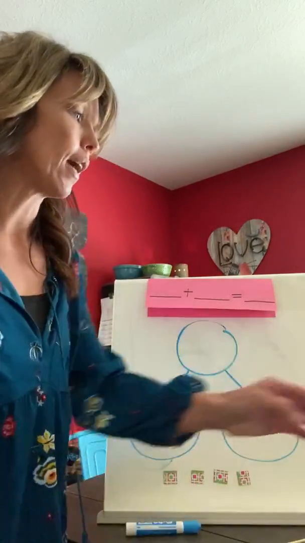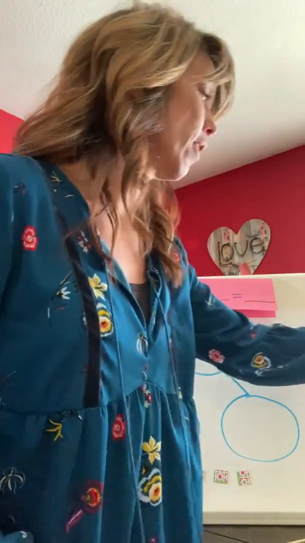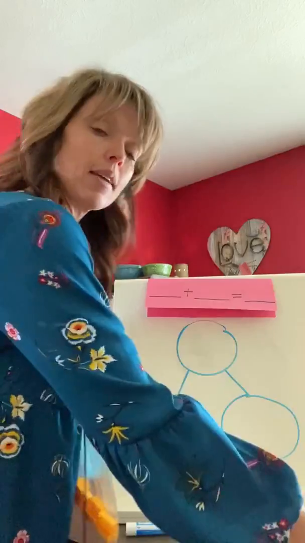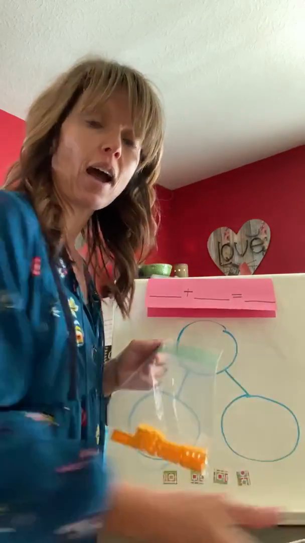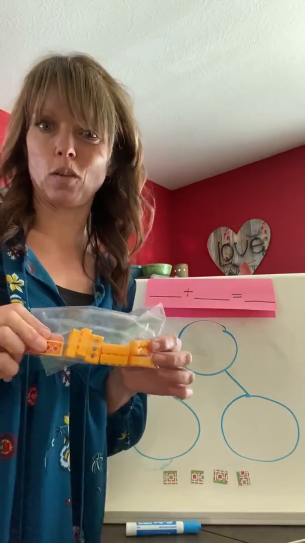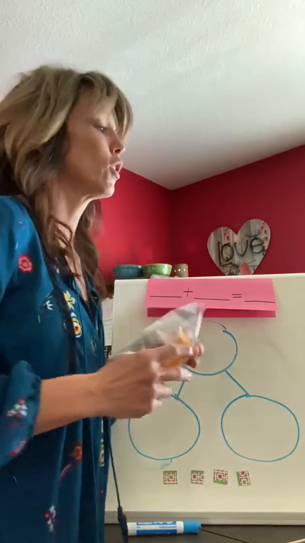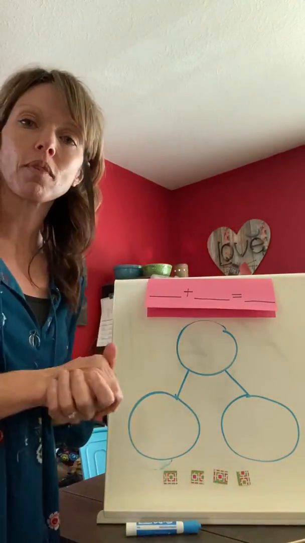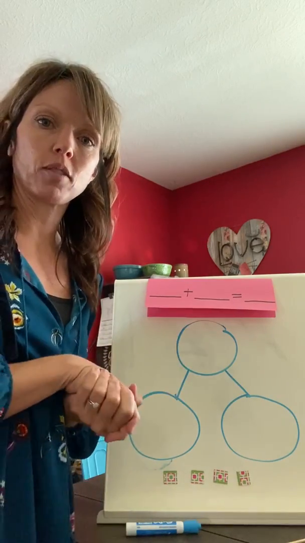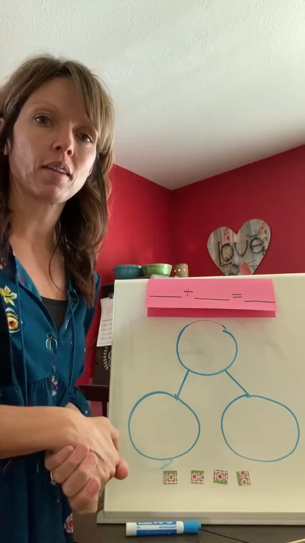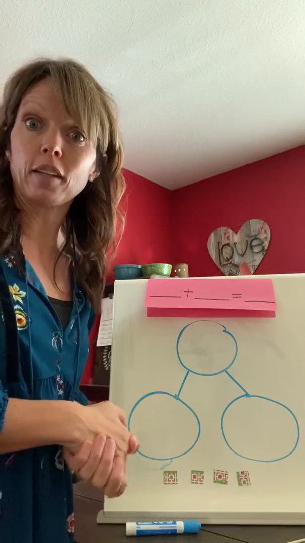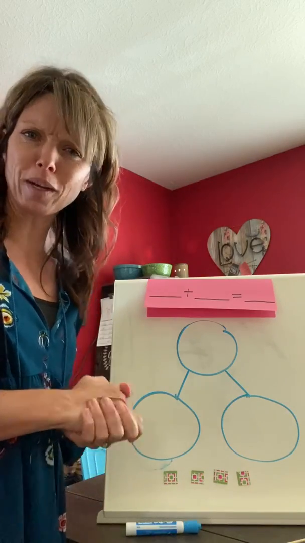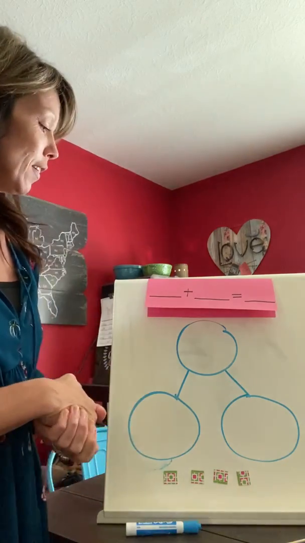So don't forget to take out something that you want to count with. If I was going to be using my mat today, I would take out my yellow Legos and use those. Okay, so go ahead and grab out whatever objects that you want to use too. All right, I'm going to give you a minute so you can be all ready. And if you need to pause it to get ready, you can do that too. That's what's great about these YouTube videos.